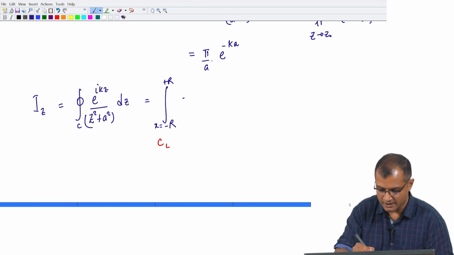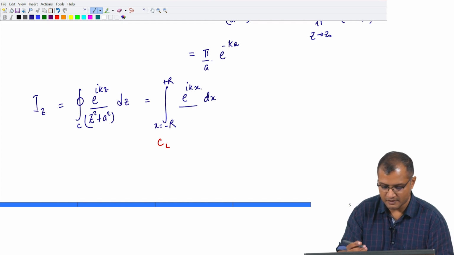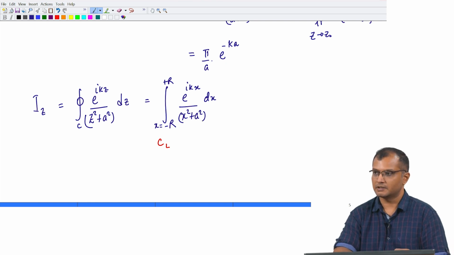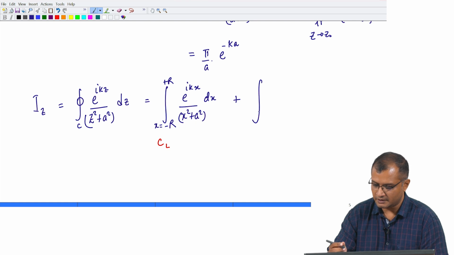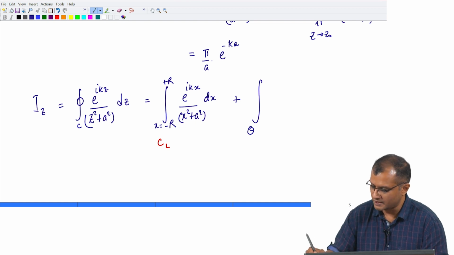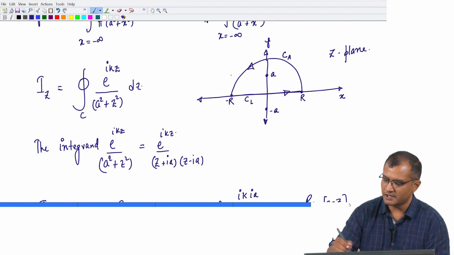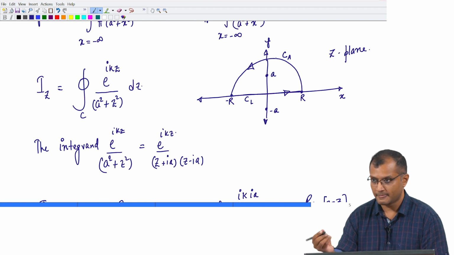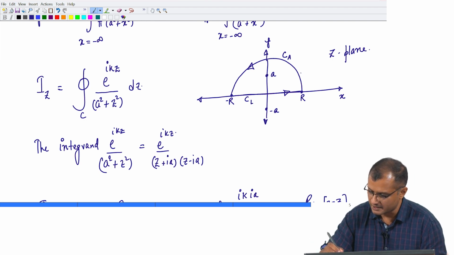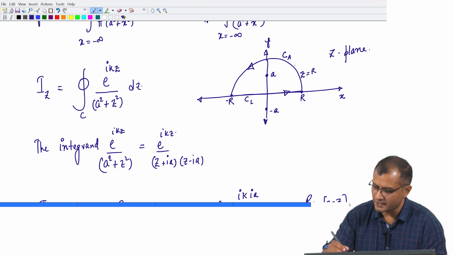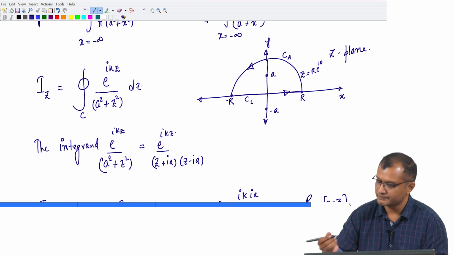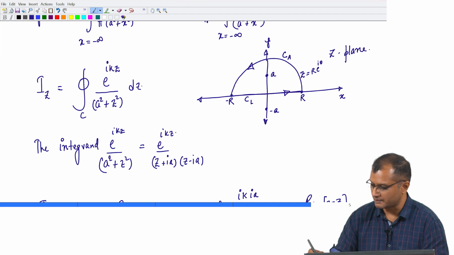And here my function is e to the power i k x dx over, because z is just x here, okay, plus I will have a part where if you look at the contour here, the only degree of freedom is theta, because r is fixed here. So, I can call my complex variable z on this contour as simply r e to the power i theta. Each point on the circle is just r e to the power i theta, okay, that is my complex variable.